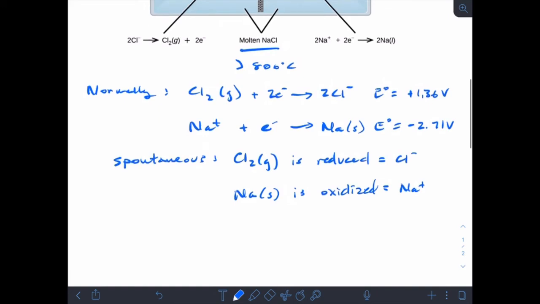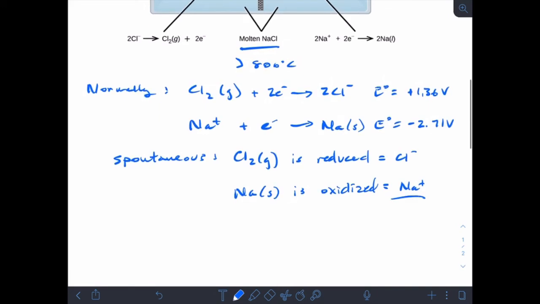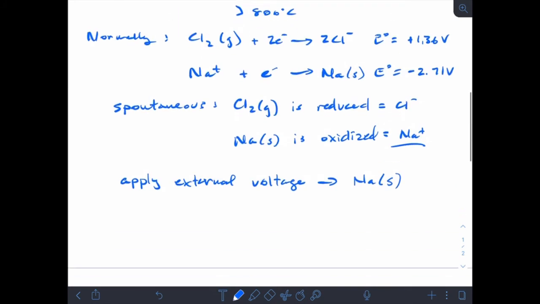If the spontaneous reaction is to make sodium ions, apply external voltage, and what I get is making sodium plus, or excuse me, sodium solid. Applying the external voltage would cause this to go the other way.